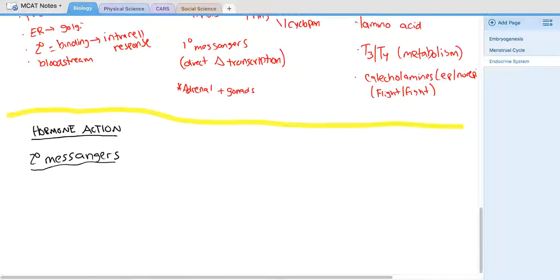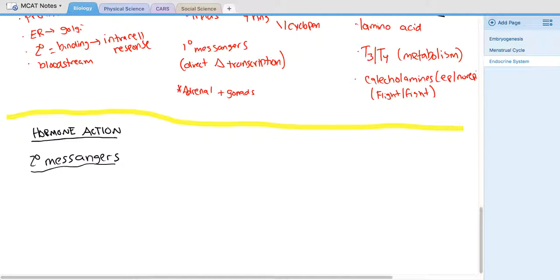So here's a basic idea of how these work. Secondary messengers will bind to a receptor in the cell membrane. You'll have a chain reaction inside the cell, and this is usually an intracellular response. Actually, they're both intracellular responses.